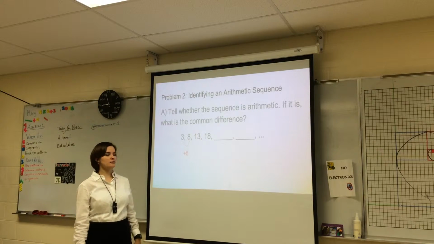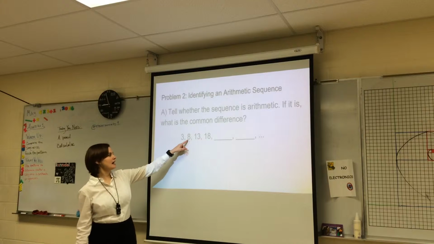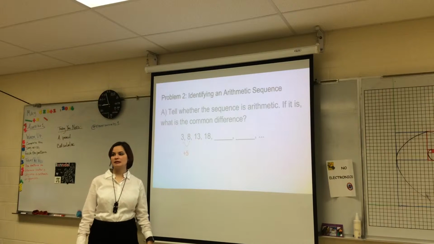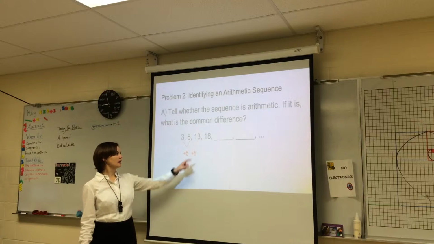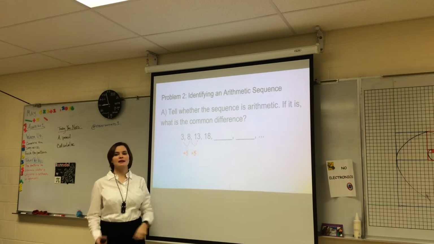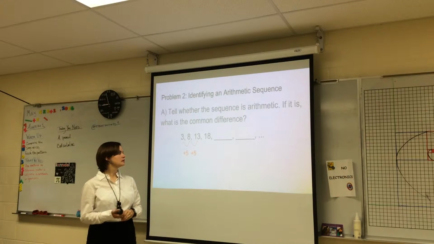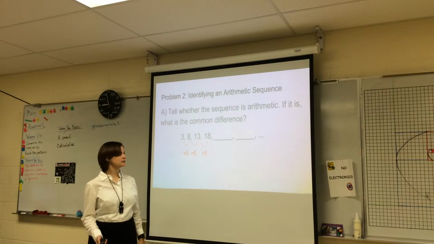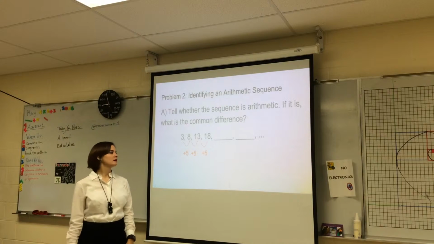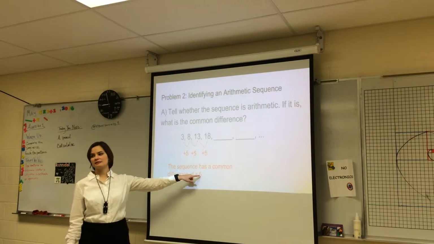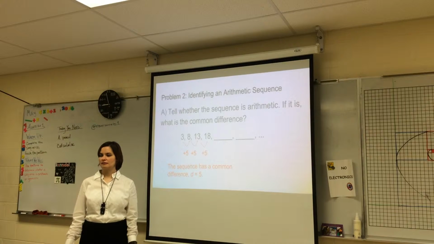It'd be 5. We have a positive 5, right? And then 8 plus what gives me 13? 5. 13 plus what gives me 18? 5. Beautiful. So my common difference here is 5.